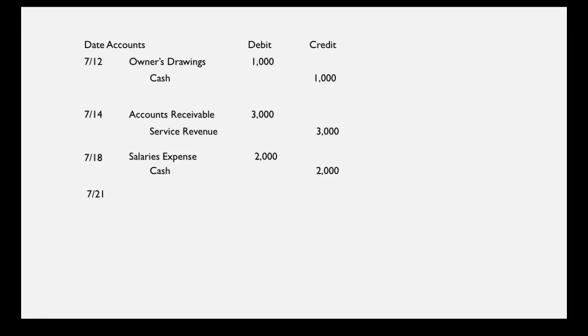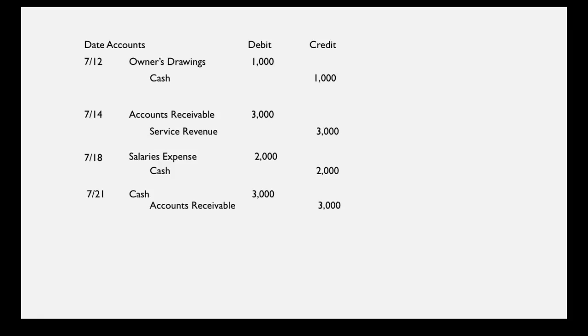Well, we are receiving payment. So we're getting cash. So our cash has to go up. And we get that 3,000 from our journal entry back on the 14th, because it tells us that they paid us in full. So our cash is going up 3,000.